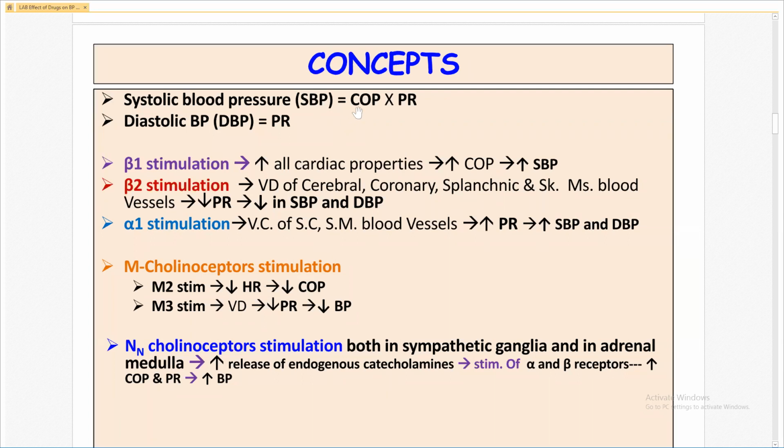If the cardiac output is increased, we can say there is increase in the systolic blood pressure. And if the peripheral resistance is increased, we can say there is increase in diastolic blood pressure.